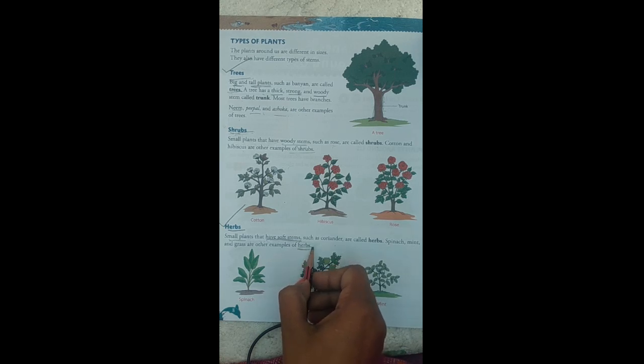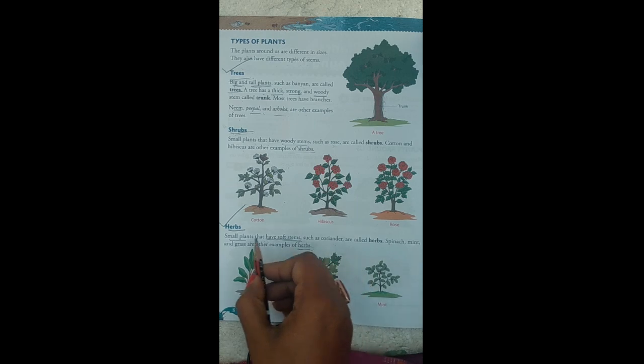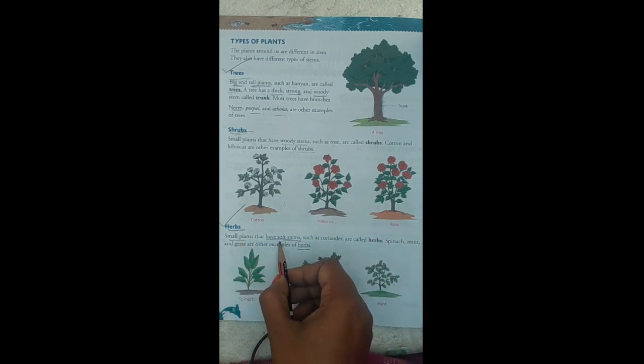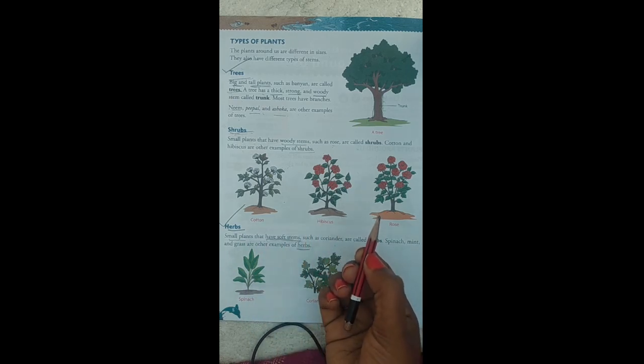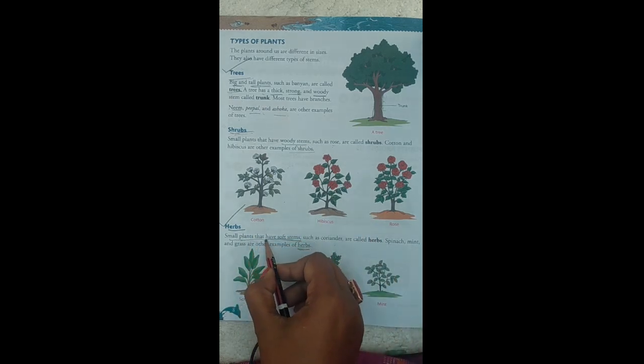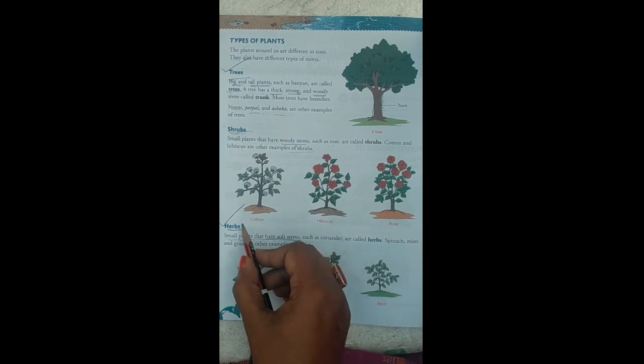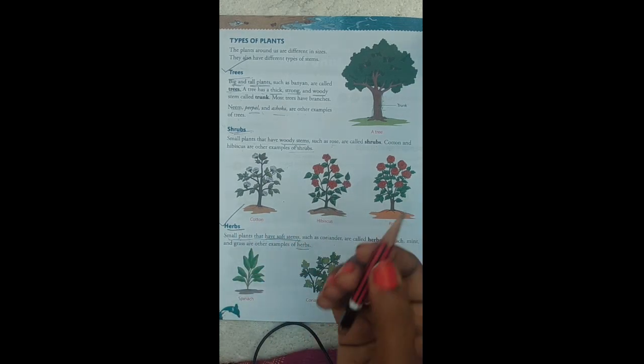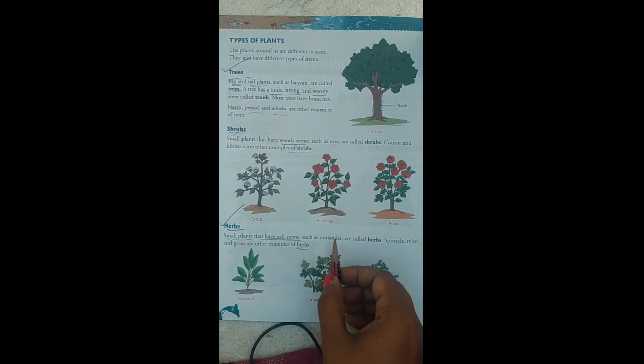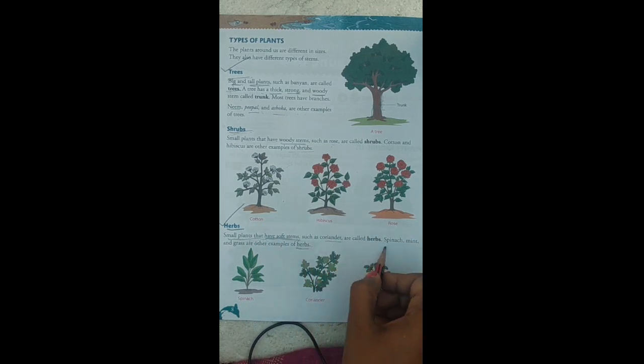Say it with me, herbs. So which are herbs, children? Small plants that have soft stem. They will be called herbs. And which are the examples of herbs? The examples are coriander, spinach and mint.